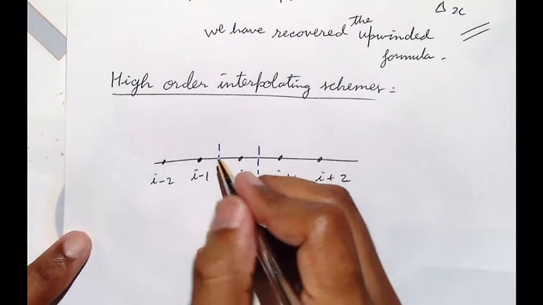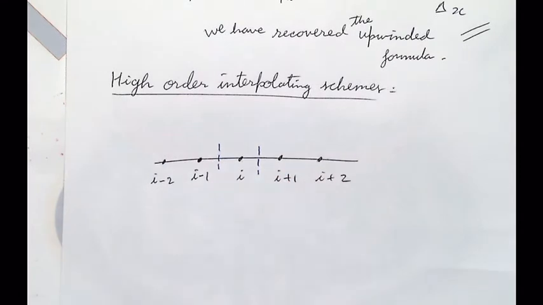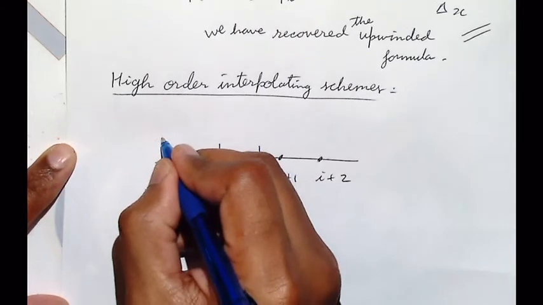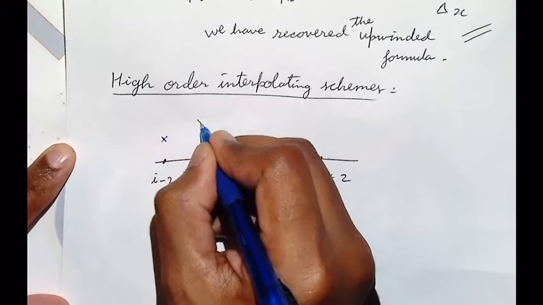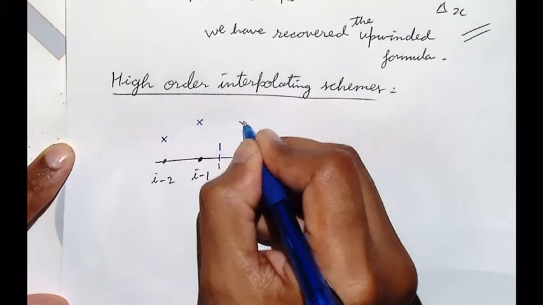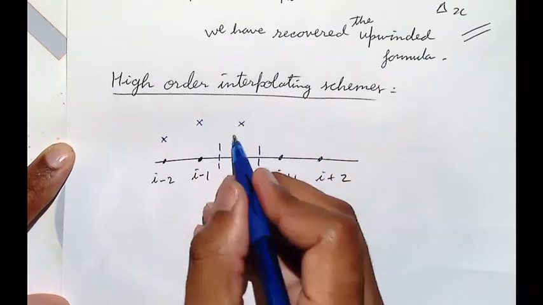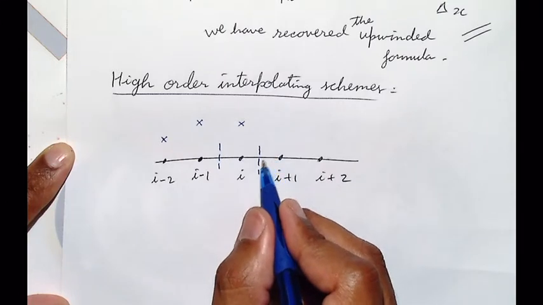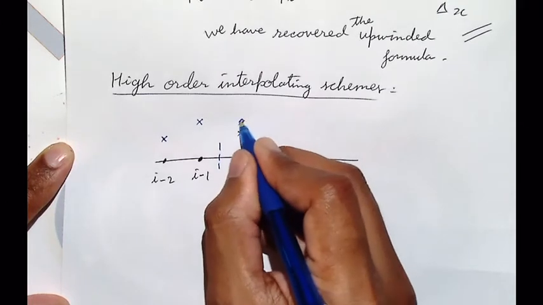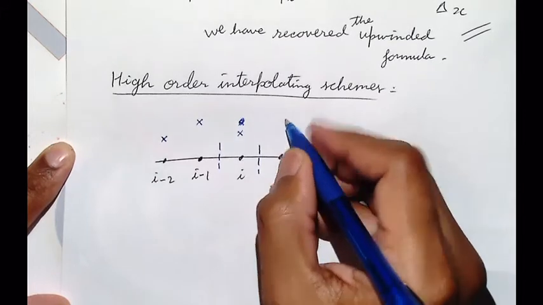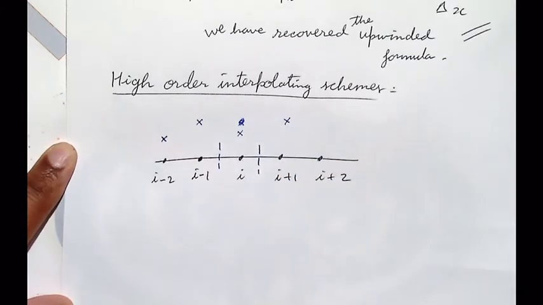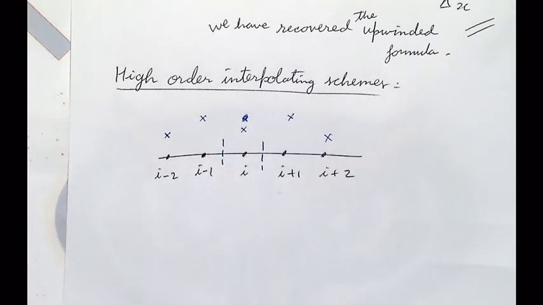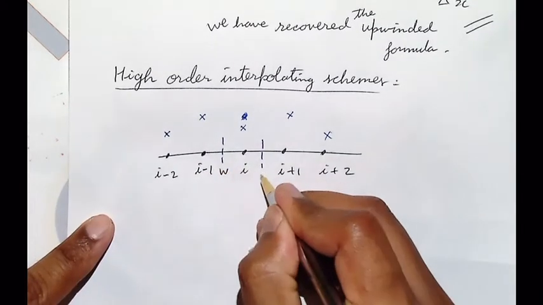Again, we know all the values stored over here. So let's say this is this much, this is this much, and this is this much. Now we have west and east.